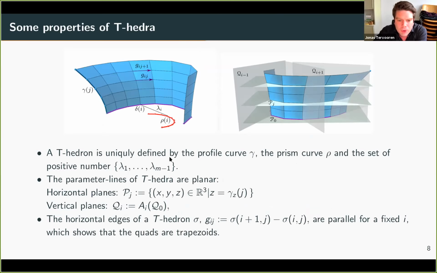The first and very important one is that the T-hedron is uniquely defined by the profile curve, the prism curve, and a set of positive numbers that gives the distance from the prism curve to the trajectory.